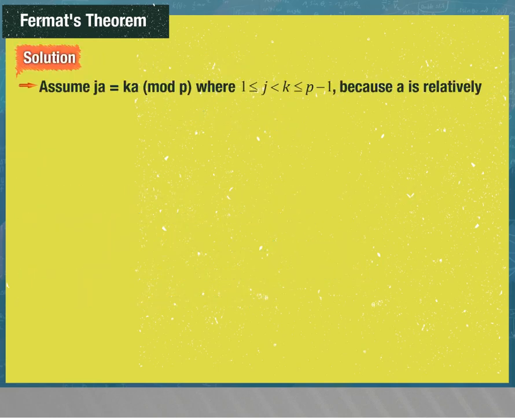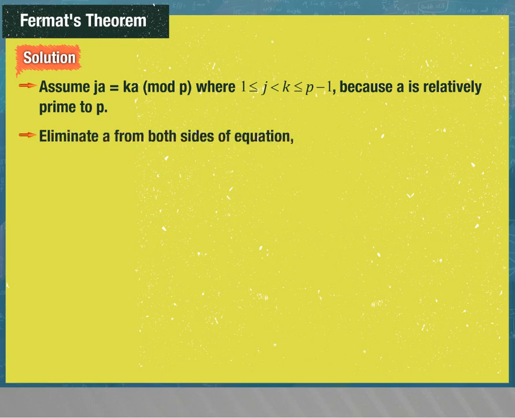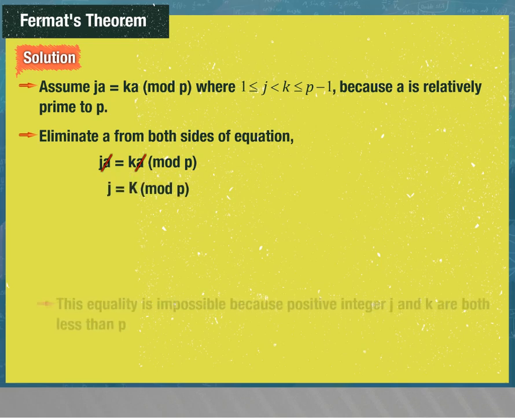Assume j times a is equal to k times a mod p, where 1 is less than or equal to j less than k less than or equal to p minus 1. Because a is relatively prime to p, eliminate a from both sides of the equation. Ja is equal to ka mod p, so j is equal to k mod p.